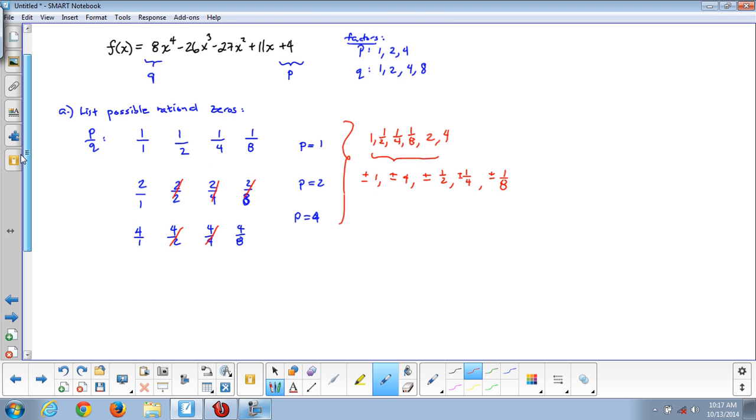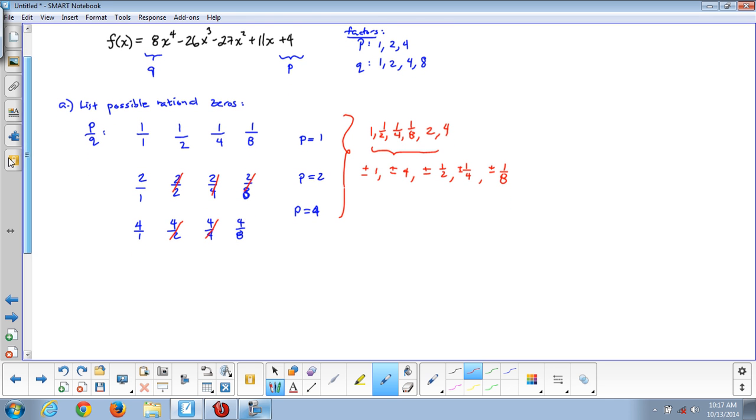Once we have this, now we want to go ahead and start factoring, and not factoring, but rather using synthetic division to help us with these possible zeros. And it is a trial and error, so you can do it just starting with the list, or you can choose at random which one you think will work. Okay. So we're going to be dividing this by one of these right here.